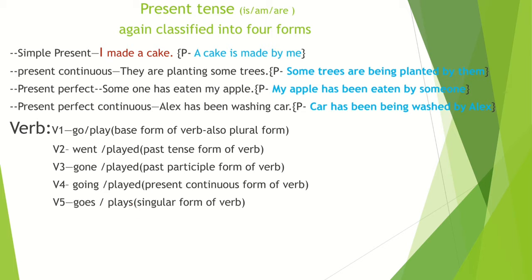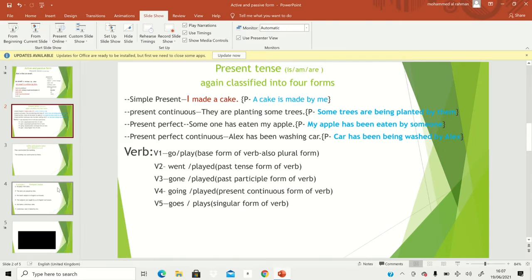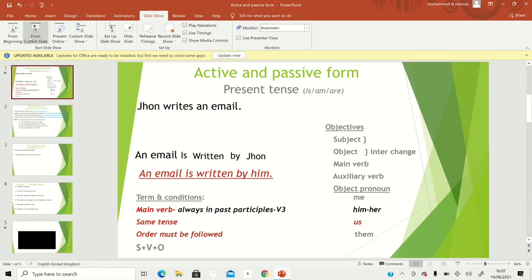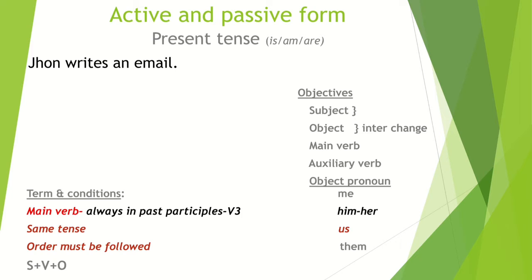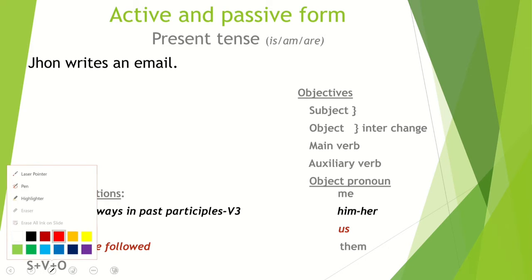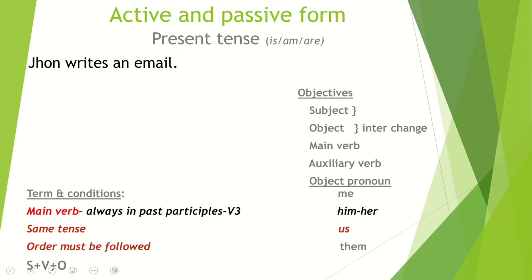Now come to our topic, that is how to make passive voice from the active voice. I have already explained to you the main objectives of our topic. Now the rest of the others will also help us to make our passive voice in the perfect manner, which I will show you within a few minutes.